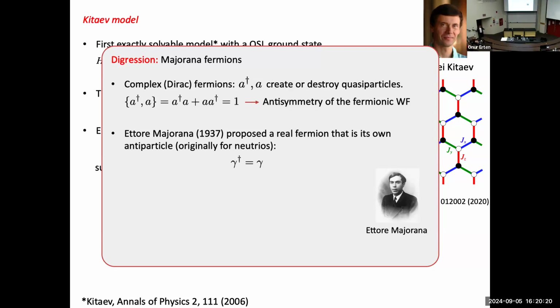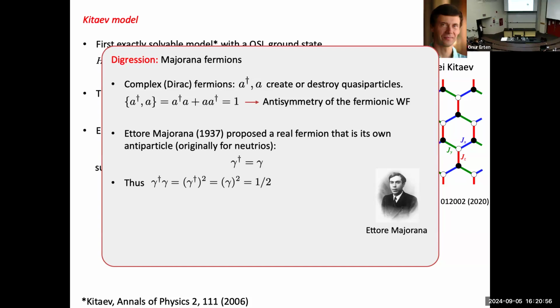Mainly he predicted this for neutrinos. And by now we know that neutrinos actually have mass, so this prediction was not really correct for neutrinos, but it turns out to be very useful for condensed matter systems. And why can't they have mass? Because if you calculate the density, it's a constant.